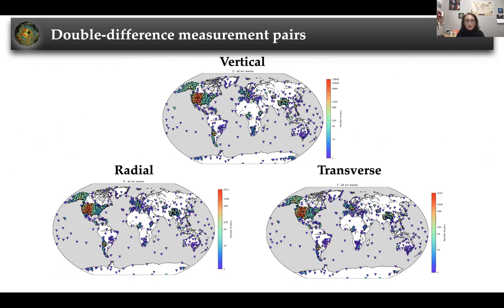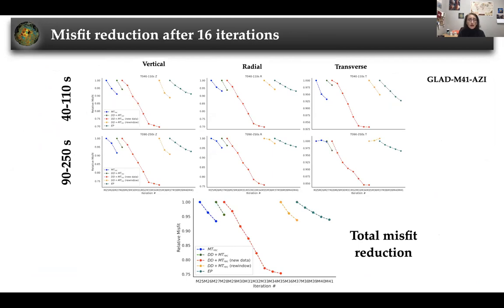This shows the travel time pairs for the double difference measurements on different components. Of course, we have the most paired stations in North America, thanks to USArray stations. And we performed 16 more iterations starting from GLAD M25. This figure shows the misfit reduction.